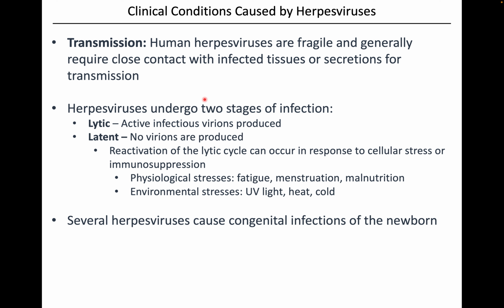And for all herpes viruses, there's going to be these two stages of infection: the lytic stage, where you're actively producing new virions, and then, as I said, the latent stage, where the virus is not active and is really just hiding out. But almost always, you'll go through these cycles of lytic infection to latency, and then a reactivation at some point back into the lytic stage.